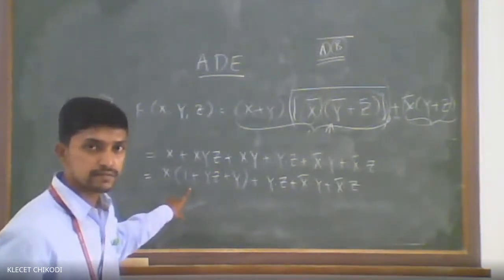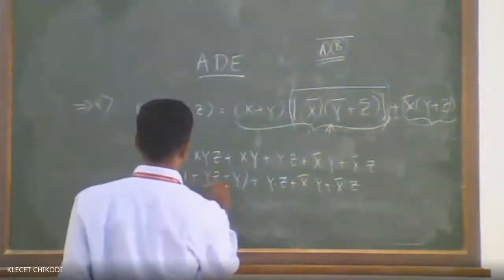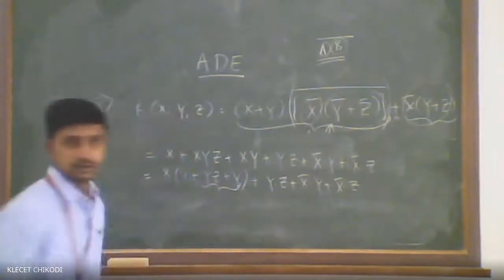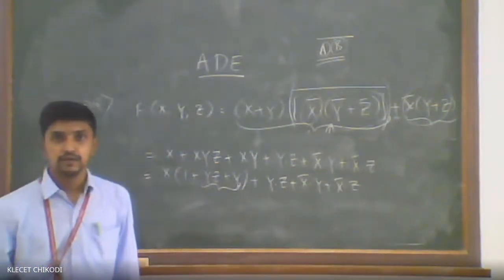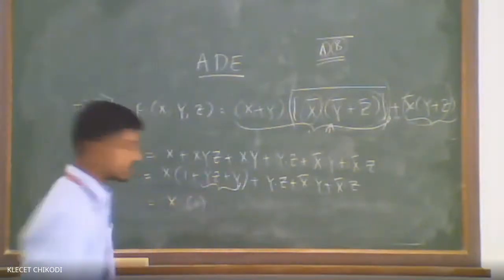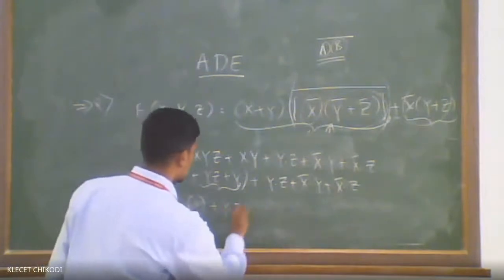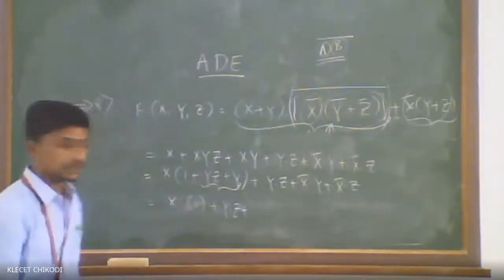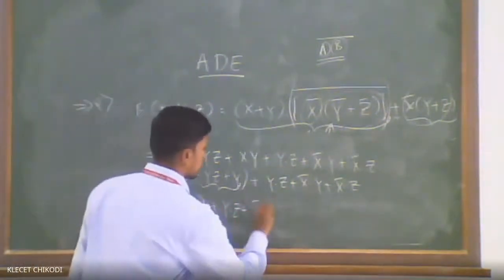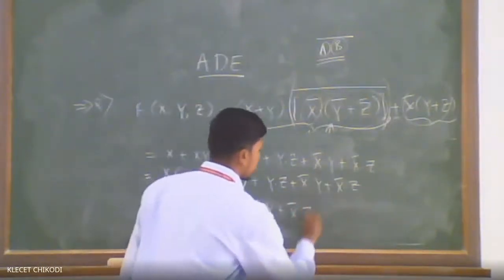Anybody? 1, because it is 1 plus anything. 1 plus anything is equal to 1. Therefore, it will be x into 1 plus y into z plus x bar into y plus x bar into z.